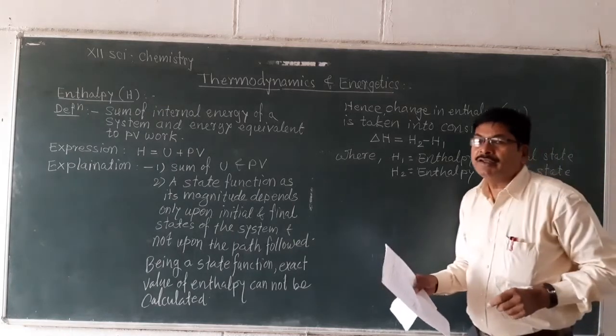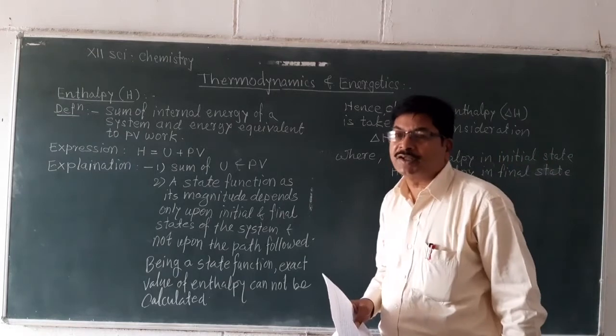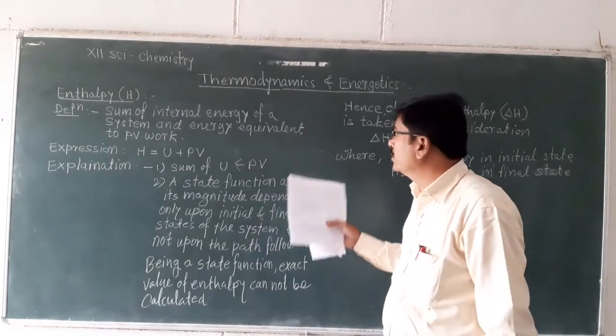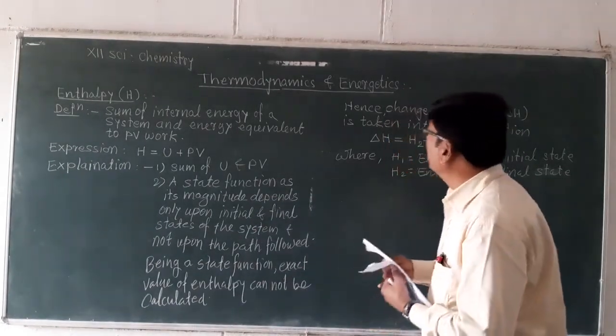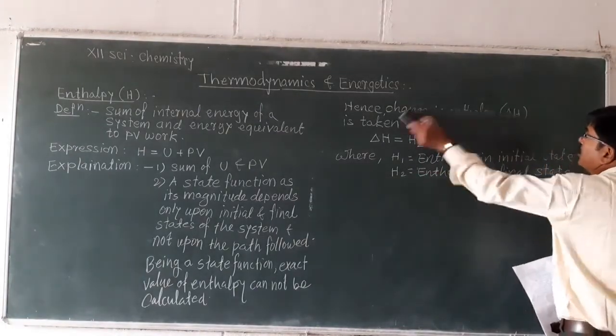And delta H is change in enthalpy. The difference between enthalpy of the system in final state and enthalpy in initial state is called change in enthalpy. Then we have to discuss the expression for enthalpy change.